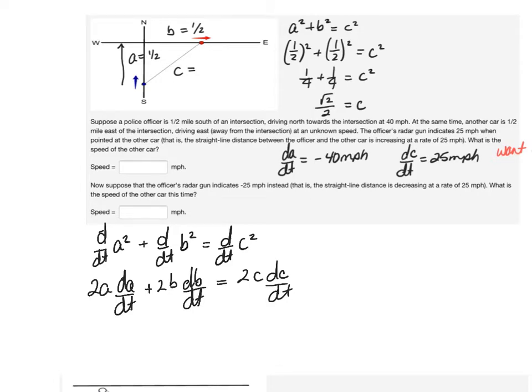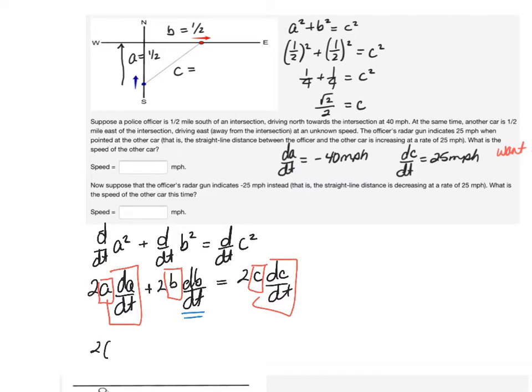We have a replacement for A, for dA dt, for B, for C, and for dC dt. And again, what we want was the dB dt. So let's put in all the values.